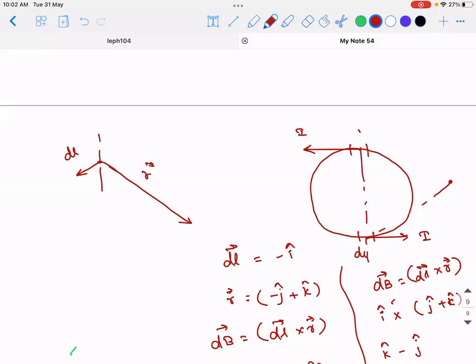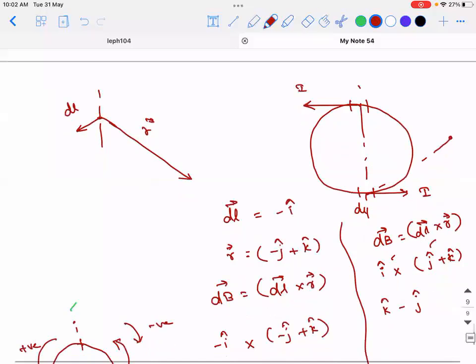From here, if the point P is here, what is this direction? Positive y, positive z. Up and over. That's plus j cap plus k cap.